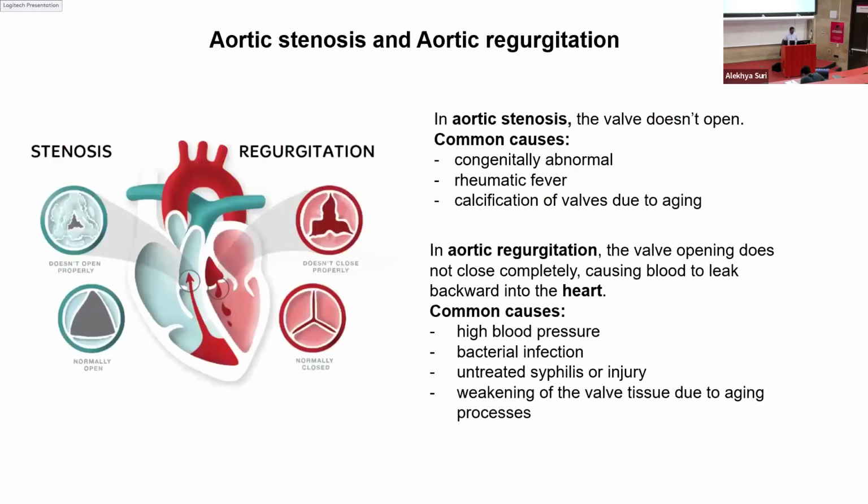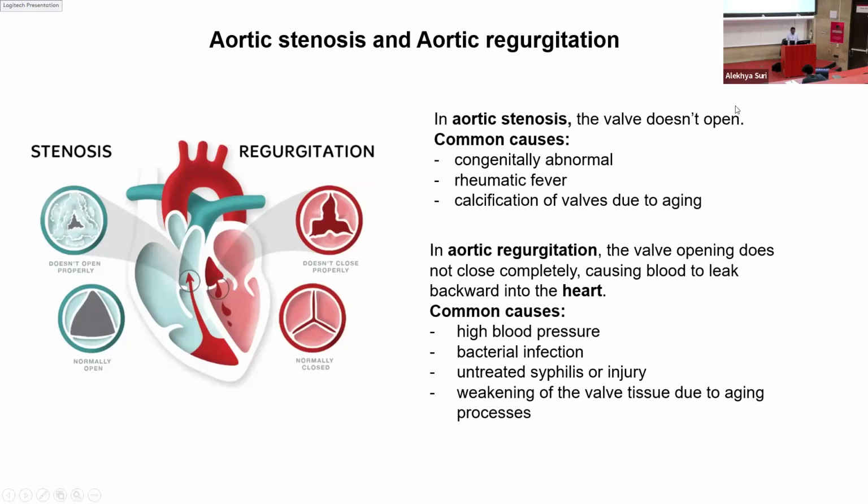The next slide is going to differentiate what stenosis is and what regurgitation is, and what causes stenosis and regurgitation. So aortic stenosis, as I said, is associated with the opening of the valve.